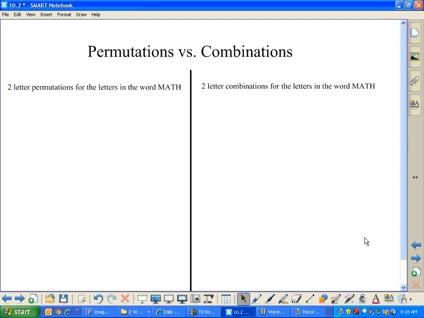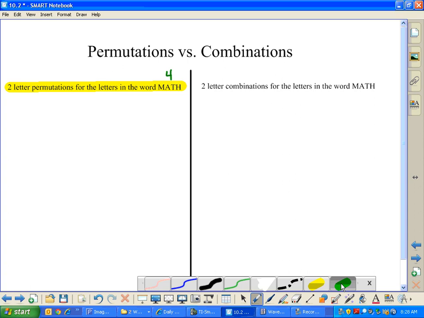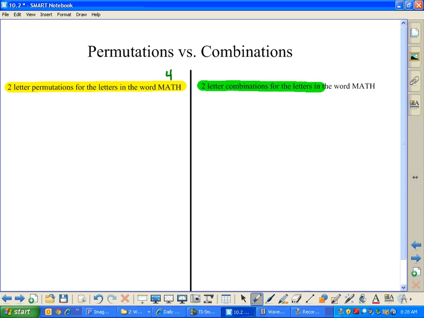So here in the first column I have 2-letter permutations for the letters in the word MATH, and you can plainly see that the word MATH has 4 letters. And then over on the other side, we want the 2-letter combinations for the letters in the word MATH. In the first column, we're focusing on the 2-letter permutations.